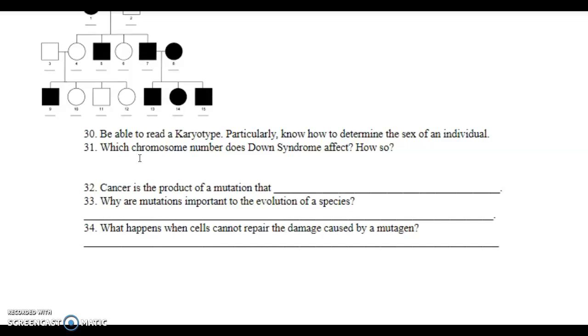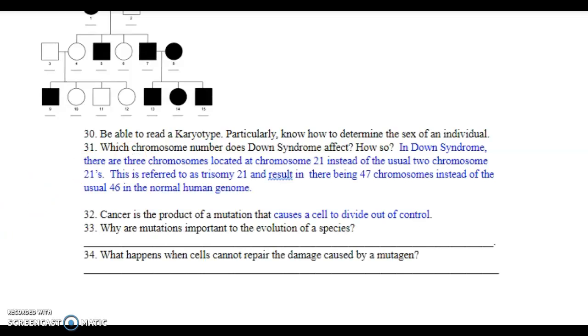In anaphase 2 of either the formation of the egg or the sperm, non-disjunction occurred. You said that maybe the egg ended up with 2 chromosome 21s in it, and then when it was fertilized by that sperm that had its own chromosome 21, that resulted in there being 3 chromosome 21s. So Down syndrome would be trisomy 21. There are 3 chromosome number 21s, and it makes the total number of chromosomes be 47 instead of the normal 46.